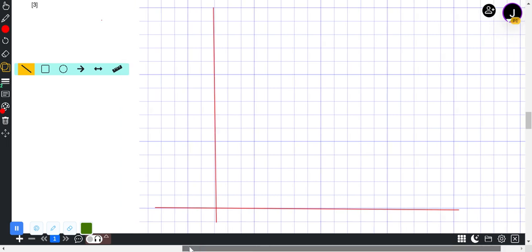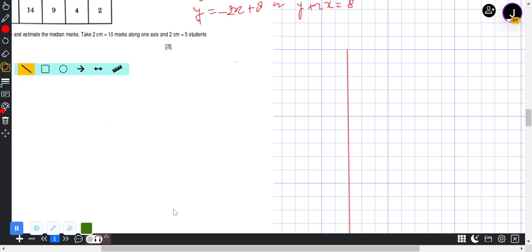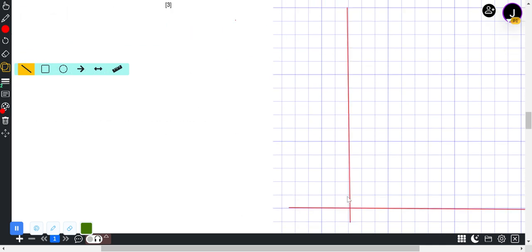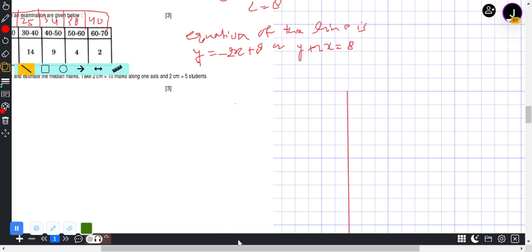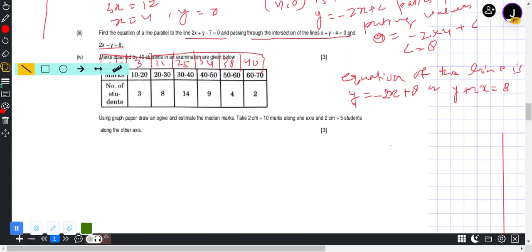Now we have to draw 2 centimeters for 10 marks along one axis, and 2 centimeters for 5 students.